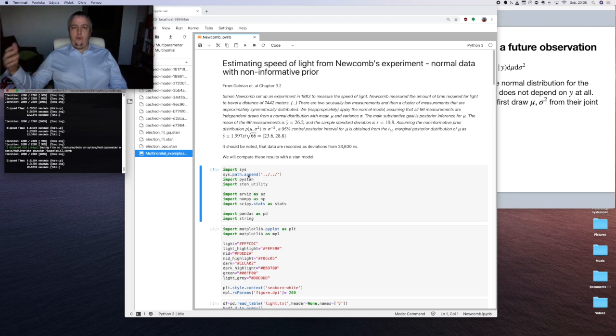Let's focus on the so-called Newcomb's experiment. Newcomb's experiment was an experiment in 1882 of measuring the speed of light. Newcomb measured the amount of time required for light to travel a distance of 7,442 meters, and there is a set of measurements.